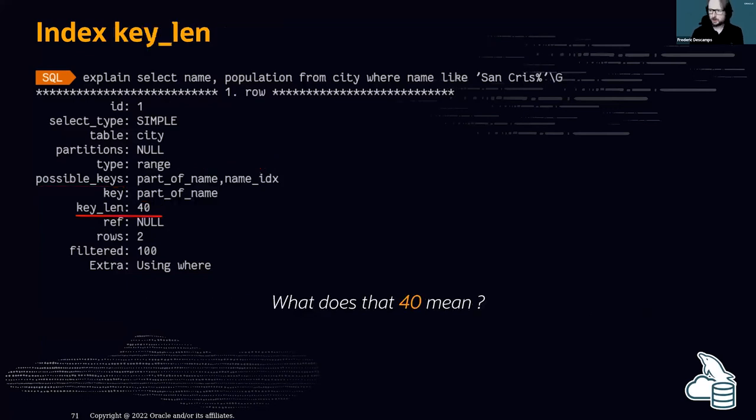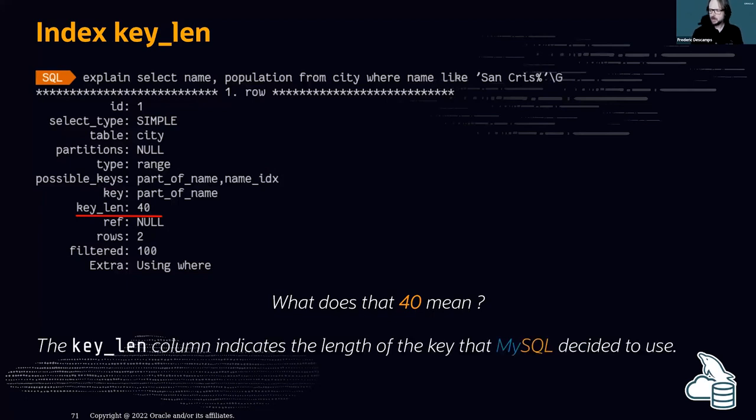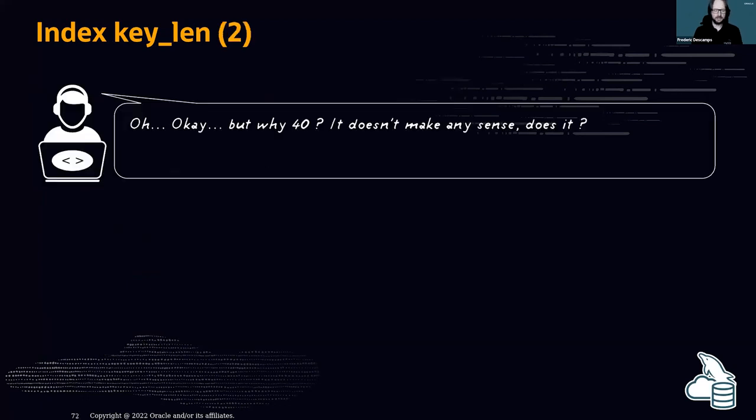Now, there is something strange here, that 40. What does that 40 mean? Because I said we will index only the first 10 characters, if you remember, right? So the key length column indicates the length of the key that MySQL decides to use. Okay, but why 40 then? It doesn't make any sense, does it?